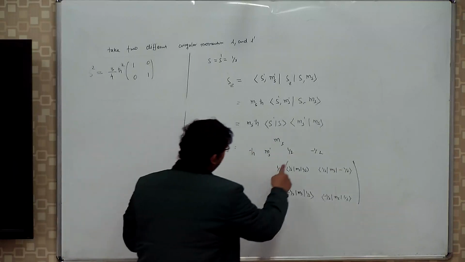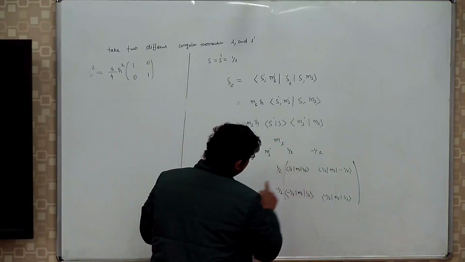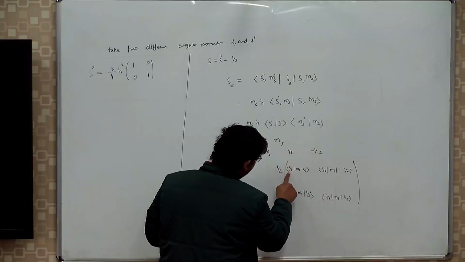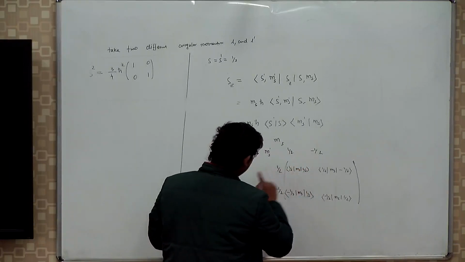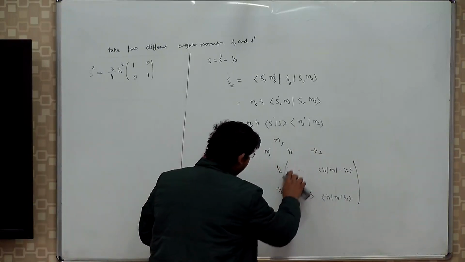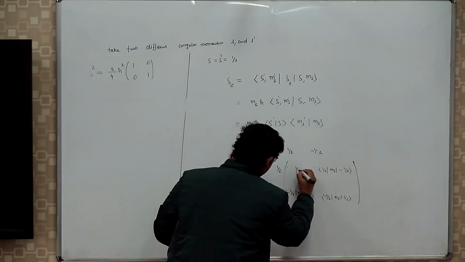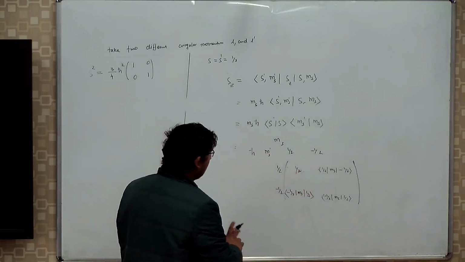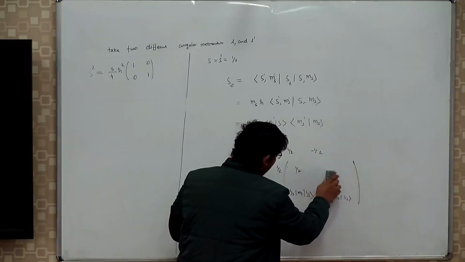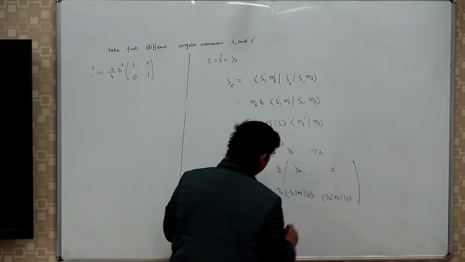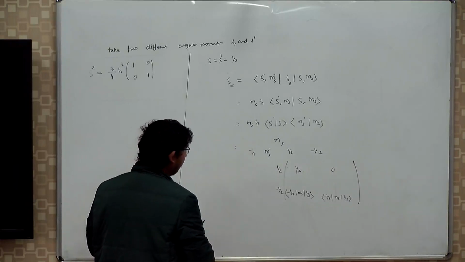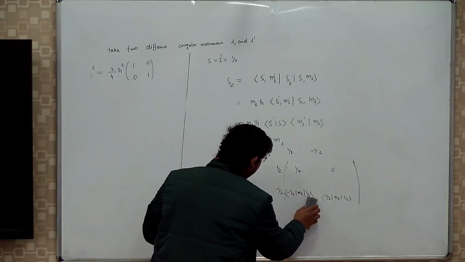If we apply the value of m_s here in the inner product, then this will be 1/2, and the inner product between 1/2 and 1/2 will give you 1. Then the final value for this entry is nothing but 1/2. But here the inner product between two different states will give you 0. Again, the inner product between these two different states will be 0.